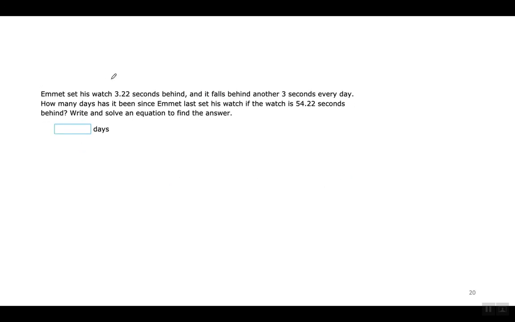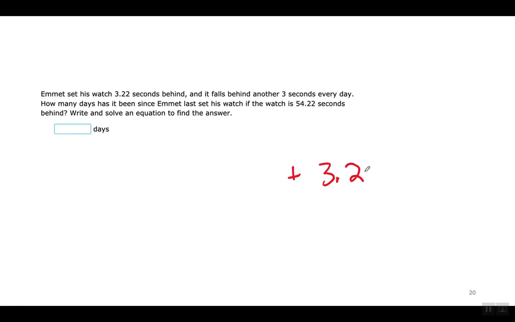Okay, Emmett set his watch. All right, this one, you might find it a little bit confusing. I'll show you 2 different ways that you could write it in case you have this problem, okay? Emmett set his watch 3.22 seconds behind, and it falls behind another 3 seconds every day, all right?